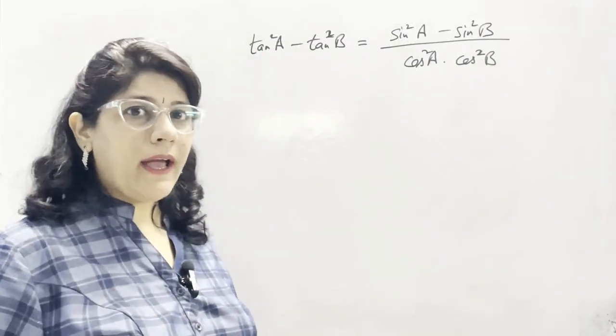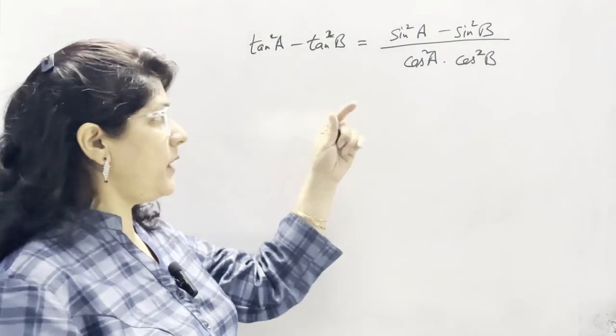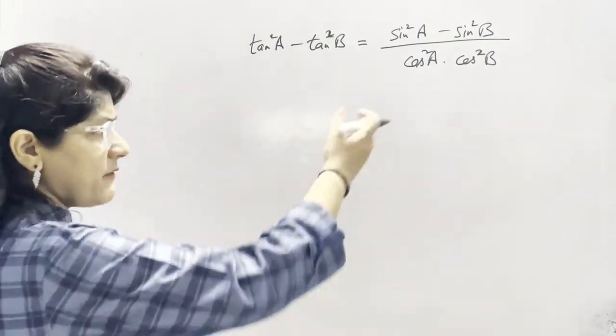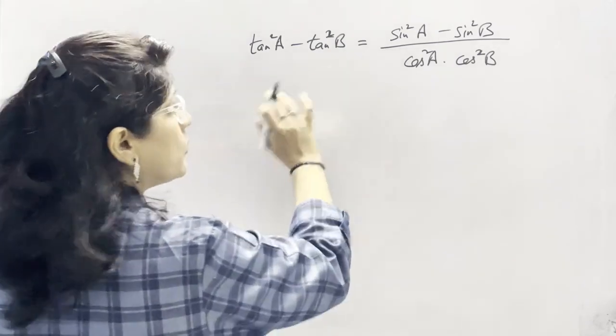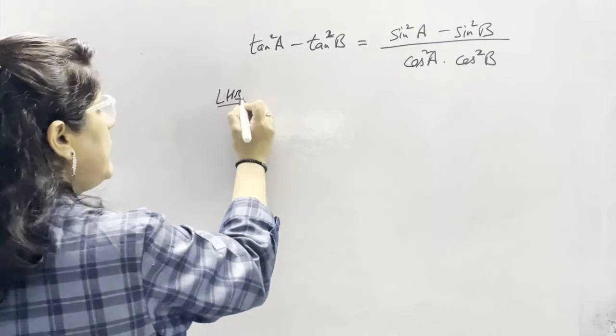Normally we will get one angle with the trigonometrical identities in either A or theta or B, but here I am solving this question. This is a very simple question with A and B, two different angles. So go with simple rules, taking left hand side.